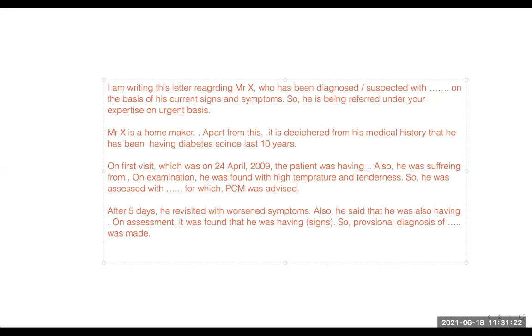Was made, again passive voice. That means was made by us, by the doctor or by the hospital. But we don't have to write by. So we omit these things and say provisional diagnosis of this was made. Normally we say he was provisionally diagnosed with, or you can make a noun out of it and say provisional diagnosis of this was made.